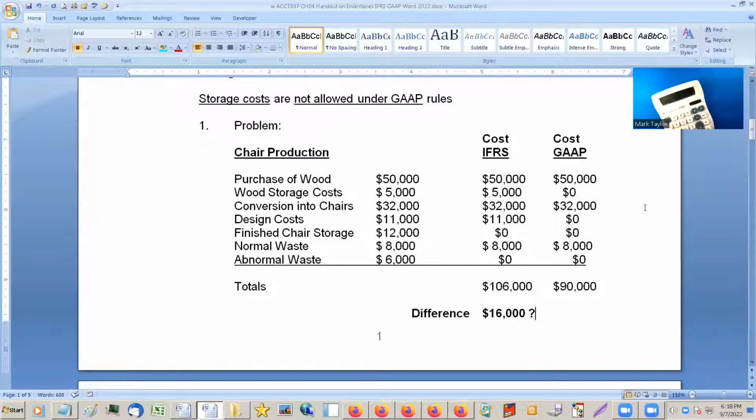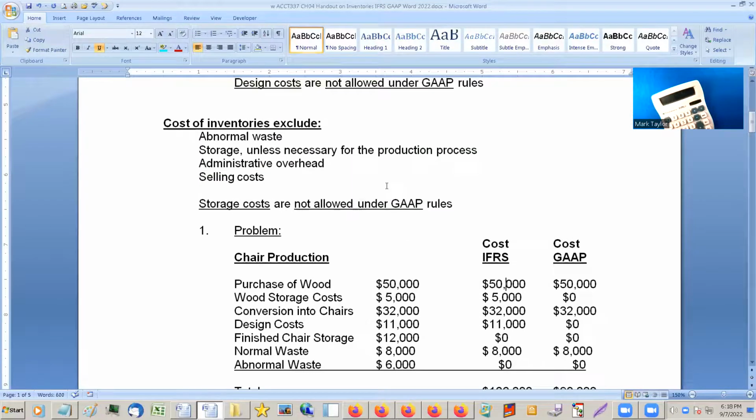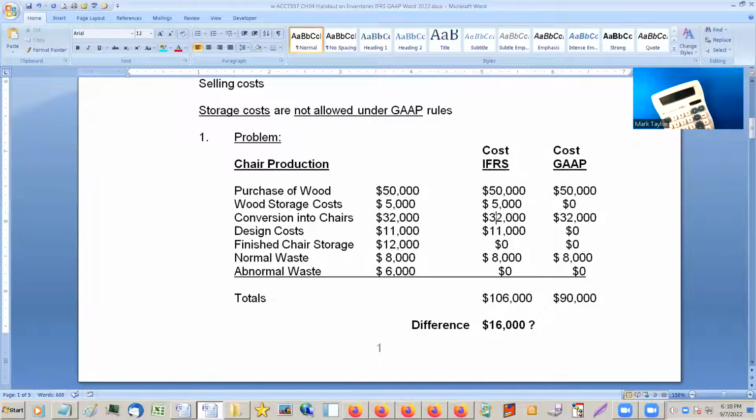Okay, so let's say that you have a chair production and it's being made in a different country. These are the dollar amounts in US dollars. They've already been converted. What happens to the 16,000? So they'll have 106,000 in the inventory. When we translate it over to US standards, it'll be 90,000.